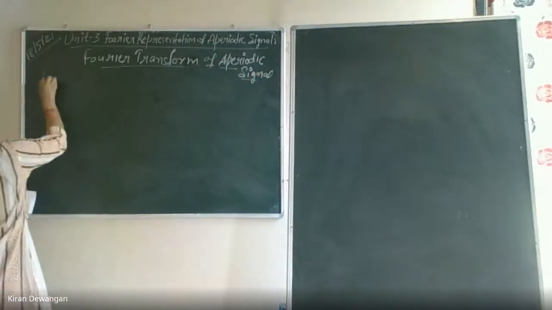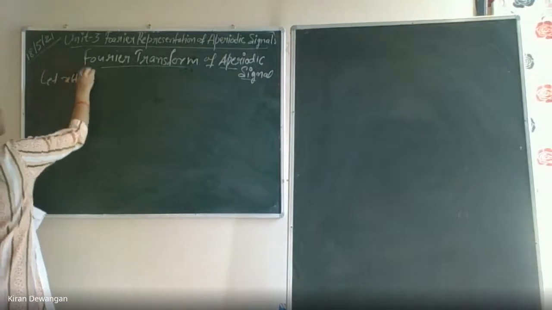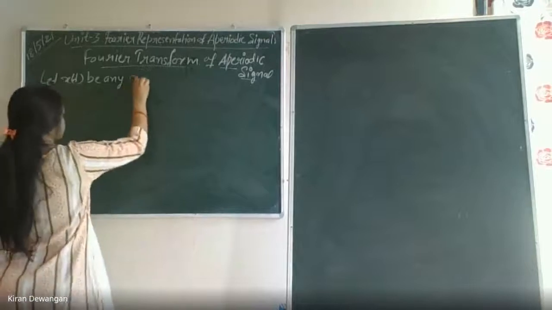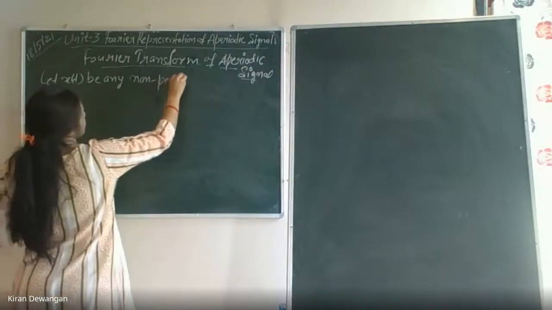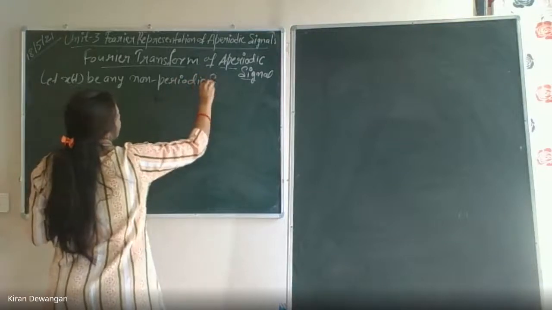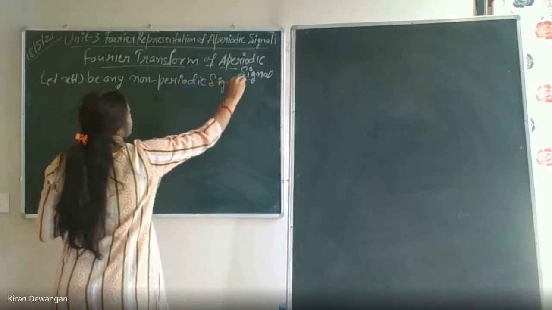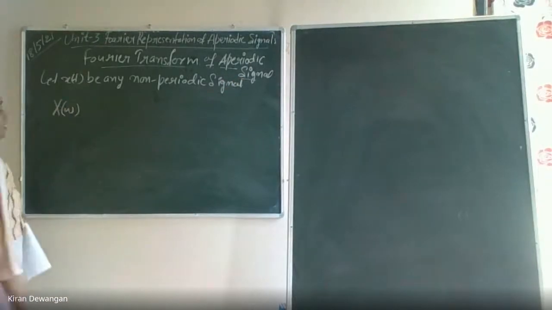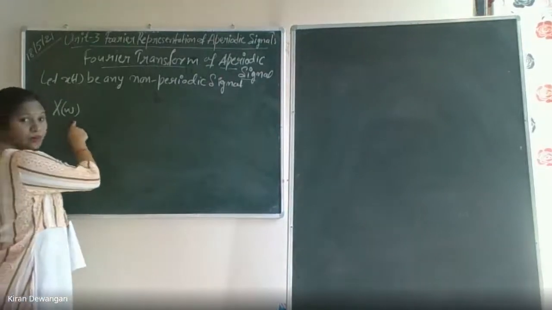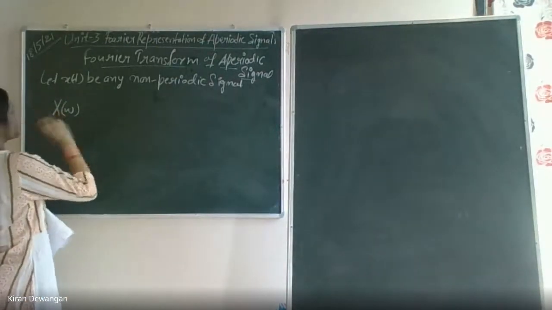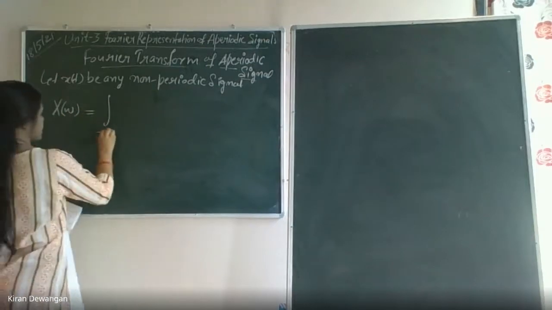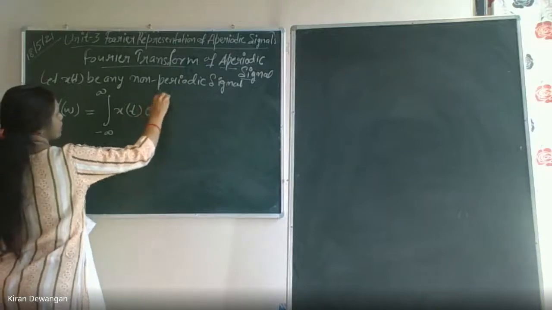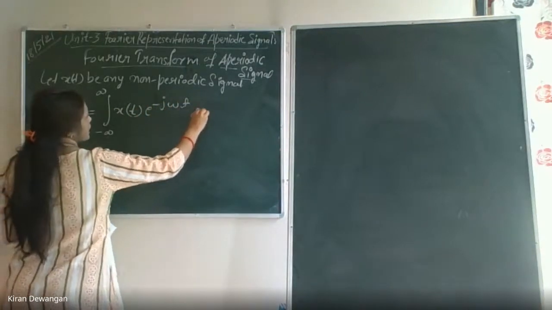Let x of t be any non-periodic signal. Its Fourier transform is given by capital X of omega, and this equals the integration from minus infinity to infinity of x of t e to the power minus j omega t dt.